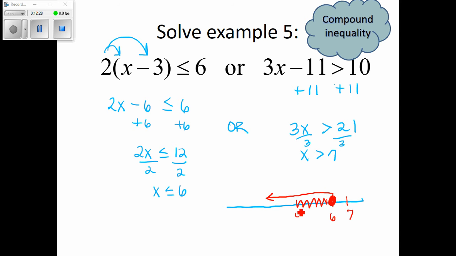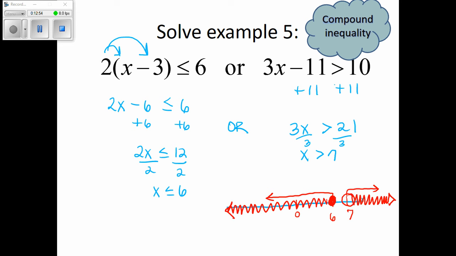Okay, so it's all of this forever. And then this says x is greater than 7. So everything to the right of 7, not including 7. So you can see the answer would fall here or the answer would fall here. It's not an intersection. Okay.